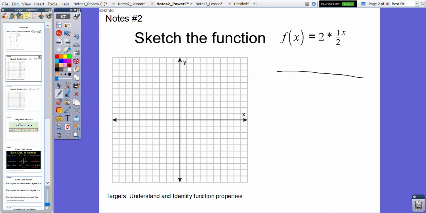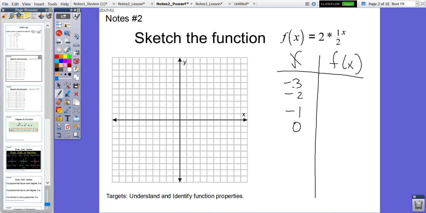So we go to Sketch It. That's x, here's f of x. Remember -3, -2, -1, 0, 1, 2, and 3, and then you're going to have 16, 8, 4, 2, 1, 1/2, and 1/4.